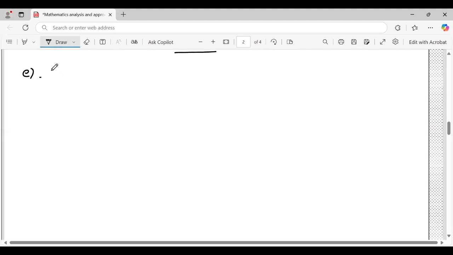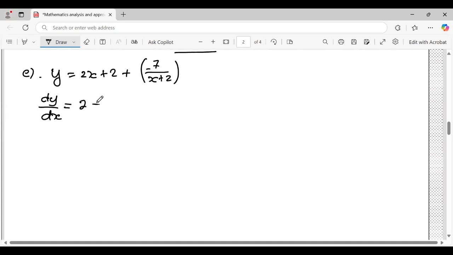On part D, we gained that y equals 2x plus 2 plus minus 7 over x plus 2. This is from part D. To find the derivative of this function, dy/dx is 2 plus the derivative of this one.